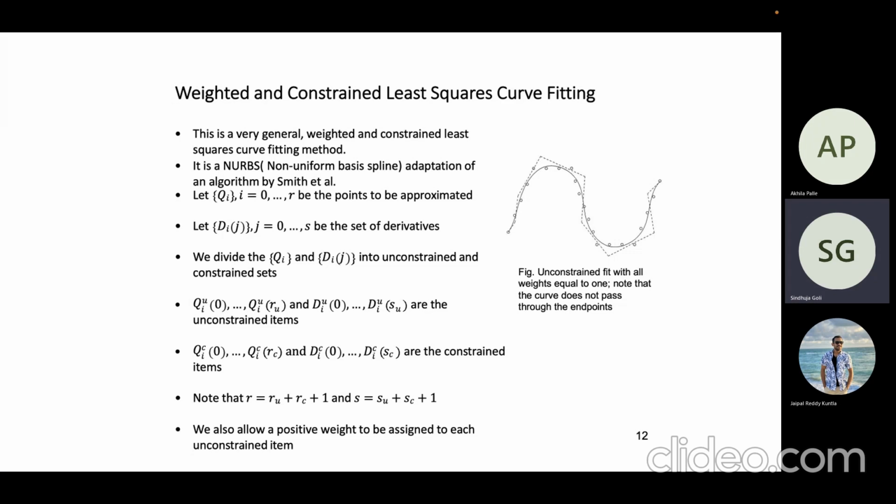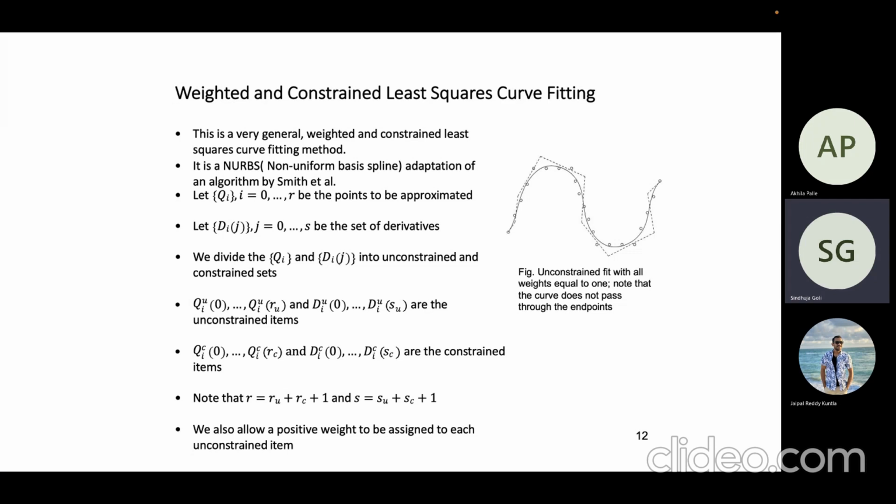Q power u base i of 0 till Q power u base i of ru and D power u base i of 0 till D power u base i of su are the unconstrained items, and Q power c base i of 0 till Q power c base i of rc and D power c base i of 0 till D power c base i of sc are the constrained items.